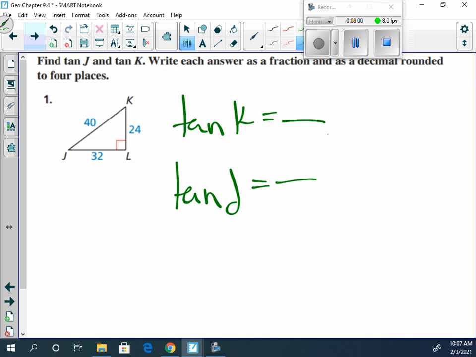So let's look at this last one here, because I feel pretty confident with these here. So tangent of K, so angle K here, the opposite side length would be what? 32. Now the adjacent side would be 24. And we don't use 40 because it is the hypotenuse.